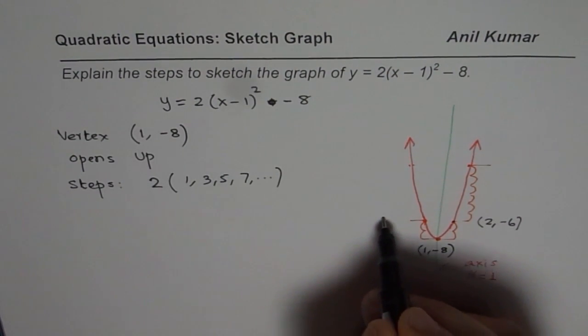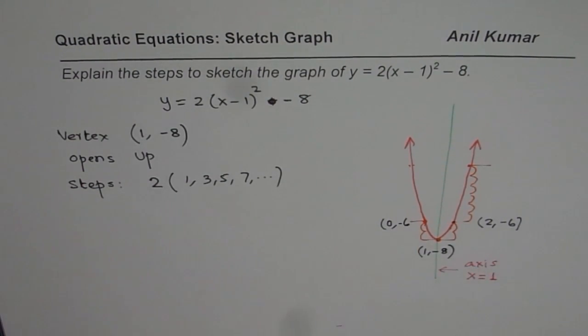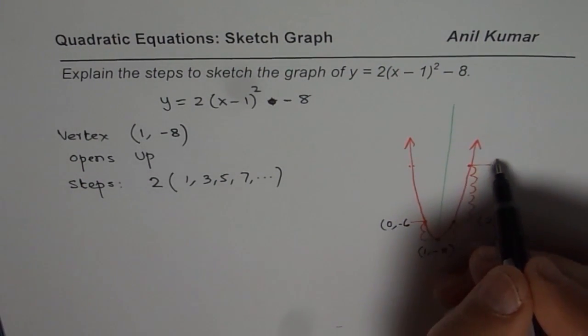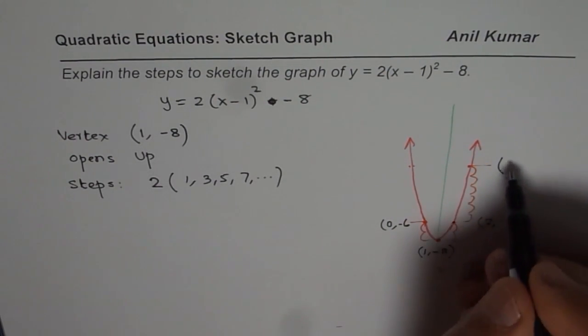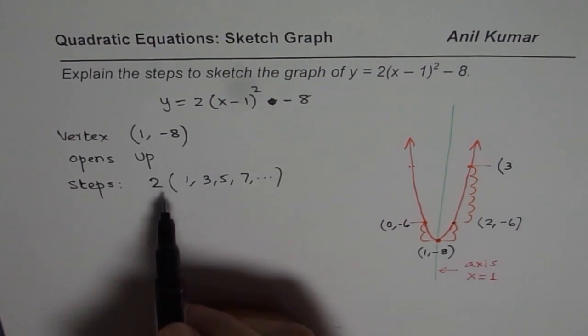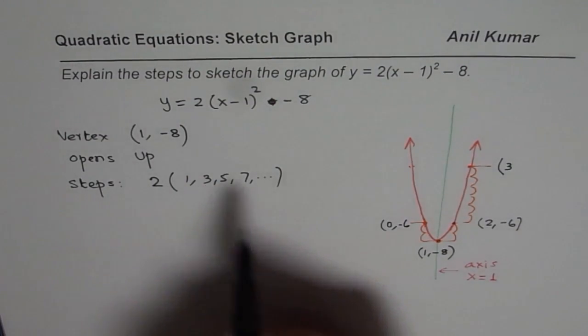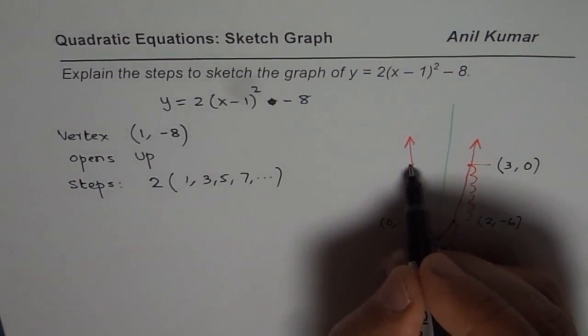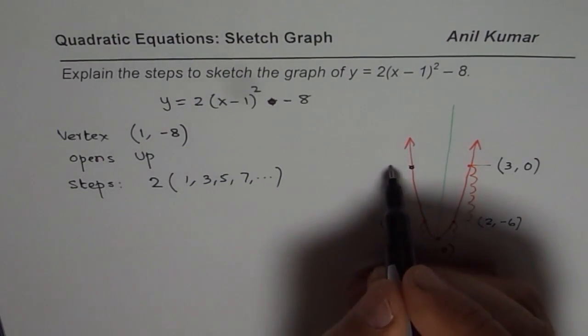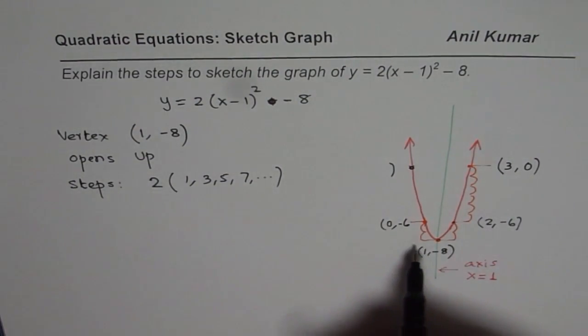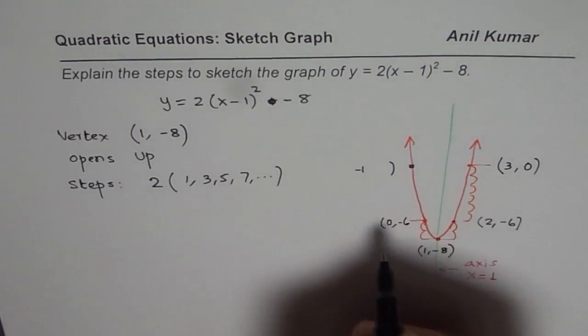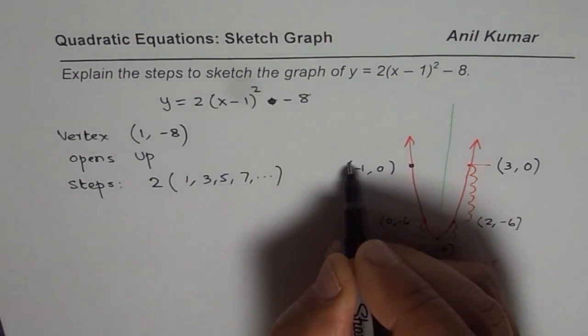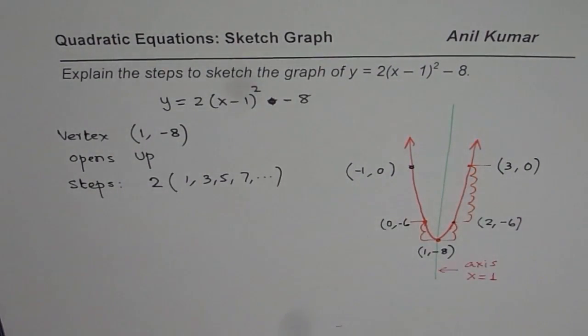On the left side, this point will be the y-intercept, (0, minus 6), correct? Coordinates for the next point will be 1 unit to the right, which will make it 3, and 2 times 3 is 6. You have to add 6 to this, which will give you 0. That becomes the x-intercept, right? So the x-intercept here will be, we have moved 1 left, which is (minus 1, 0). Do you get the idea? So it has these two x-intercepts, and then sketch it.